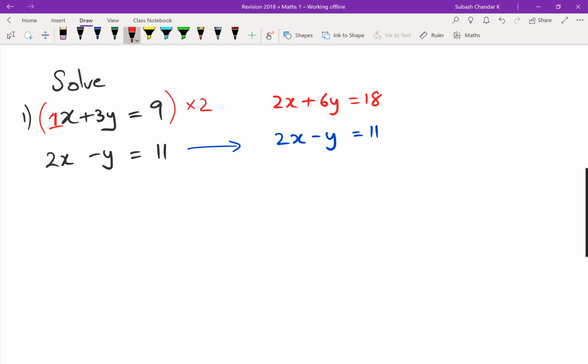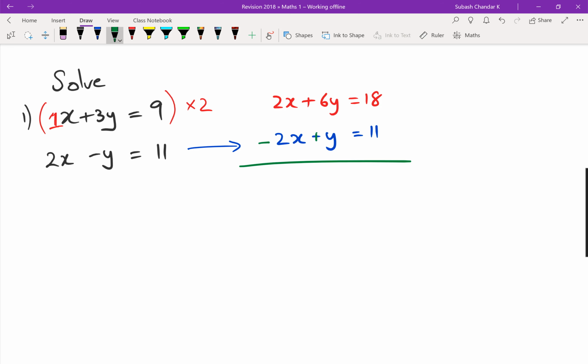So, at this point, I'm going to eliminate x. And this is what I would actually recommend you guys do if you want to subtract: in the second equation, you take all the symbols and you write the opposite symbol. So this will become minus.